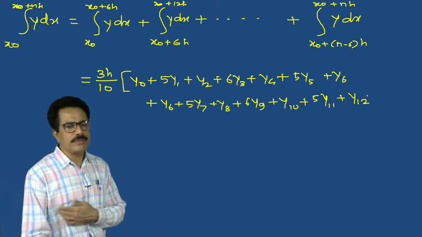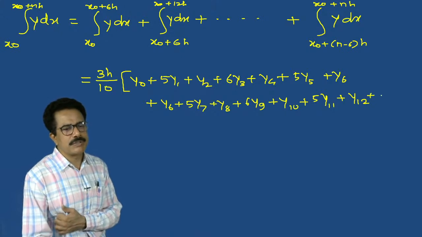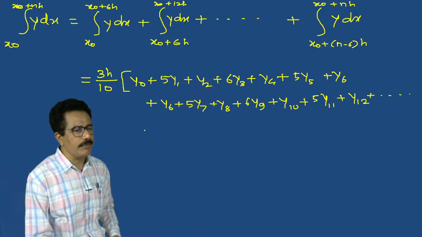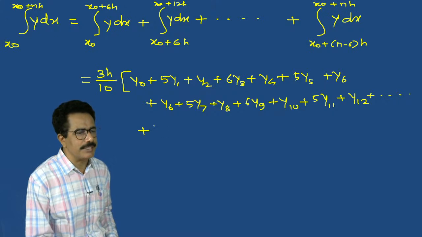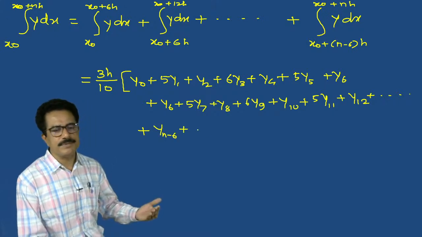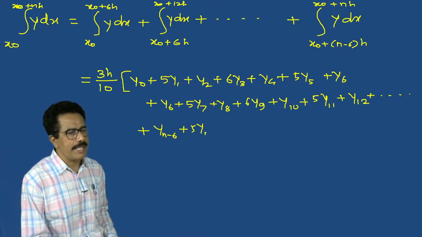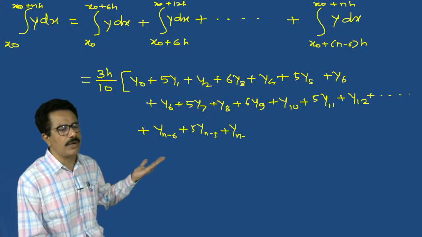In this way, plus dot dot dot, the last term is y n minus 6 plus 5 times of y n minus 5 plus y n minus 4.